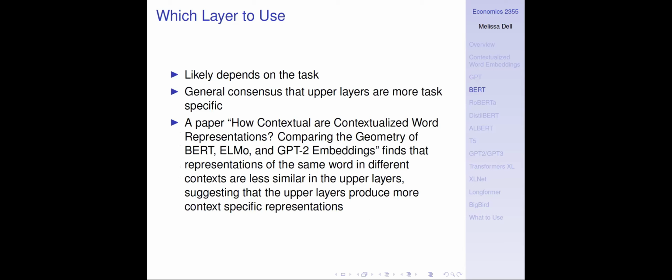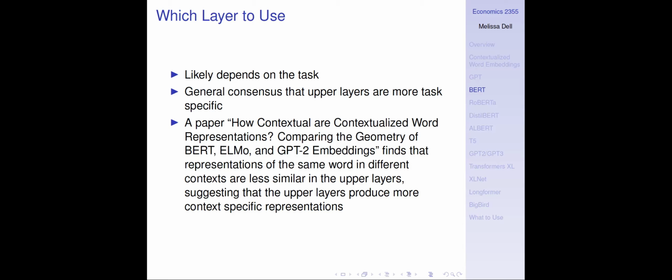There's a general consensus that upper layers are going to be more task specific to how the model was trained. So in the case of a pre-trained BERT, the upper layers are going to tell you more about whether these two sentences are consecutive or not, because you've trained it to do that.